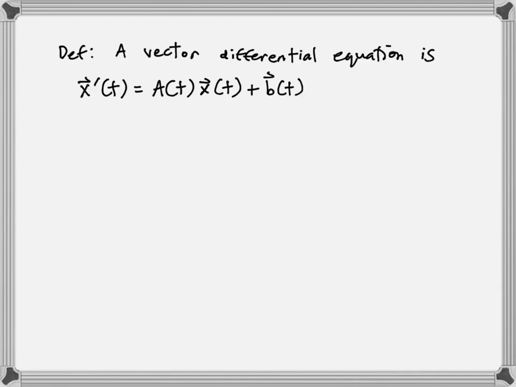And I'm going to go ahead and call this guy star. This is just a reformulation of what we saw in the last section. We can take all of it and write it in a nice simple form like this.